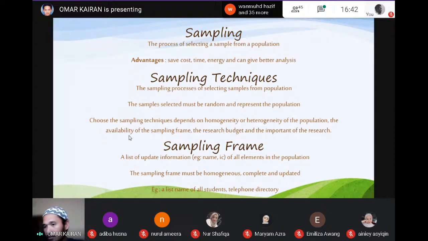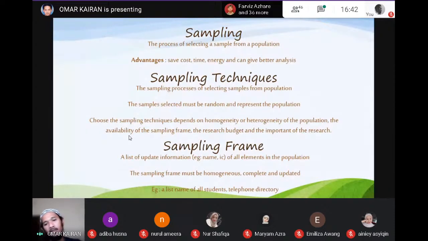So kalau decision kita itu critical, maksudnya menyebabkan masalah yang besar kalau kita tersilap buat keputusan, maka there are some other sampling techniques that can be used. So masing-masing ada penentu dia.